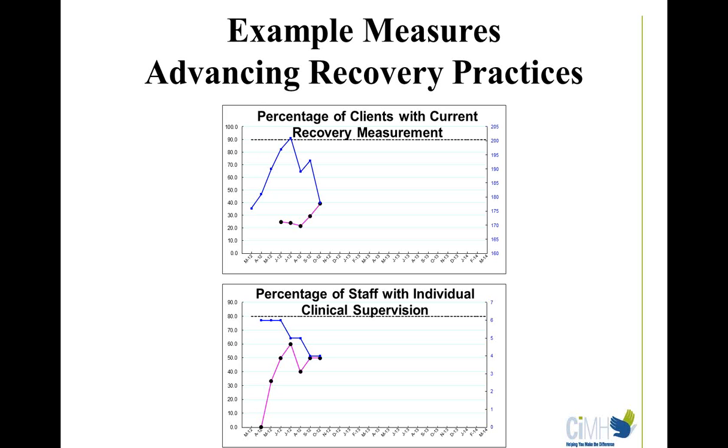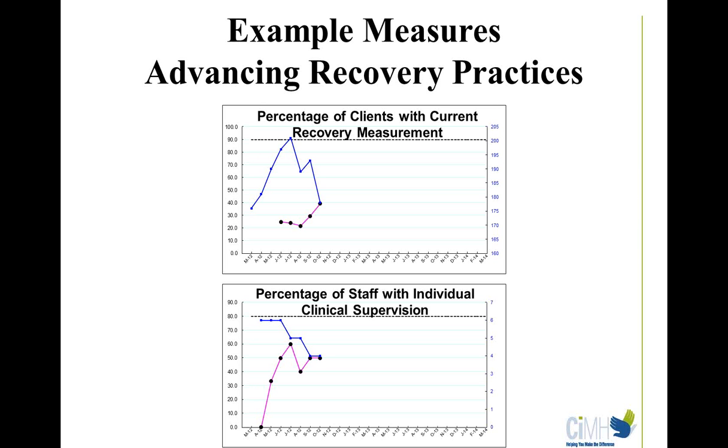And I want to have you look at the first one, percentage of clients with current recovery measurement, and pay attention to the dark dots with the pink line. That's the actual measure, and it correlates with the scale on the left, which is a percentage scale of 0 to 100.